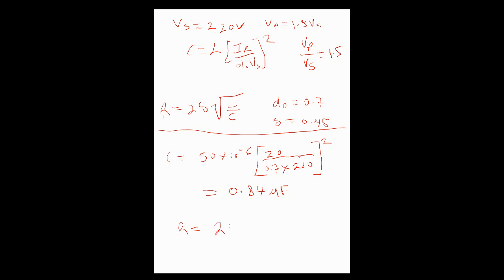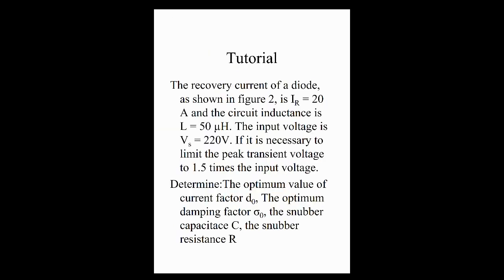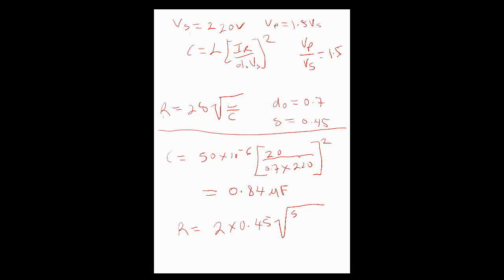So R is 2 times sigma, that's 0.45, and your L, that was given to you, is 50 microhenry, divided by C, and your value of capacitance here, you would have calculated just now. So it is 0.84.